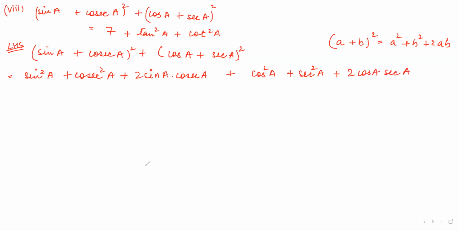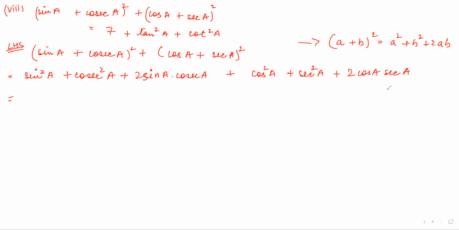So I have opened both brackets by using this identity. A square plus B square plus 2AB. Similarly here, A square plus B square plus 2AB.